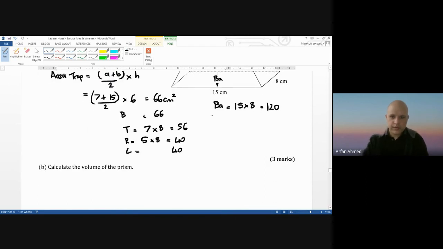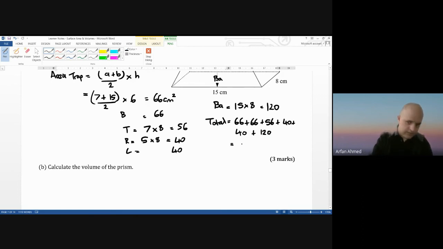So the total is going to be 66 plus 66 plus 56, 40, 40, and 120. 388 centimeters squared.